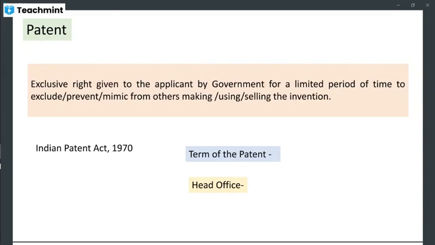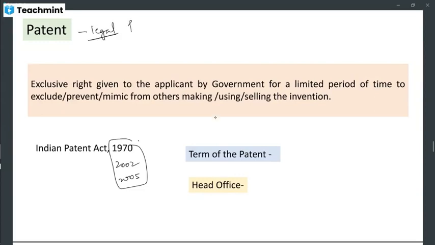It is given by the government of a particular country. In the Indian scenario, the Indian Patent Act came into force in 1970, and even though there were several amendments in 2002, 2005, essentially the patent is nothing but a legal form of protection.